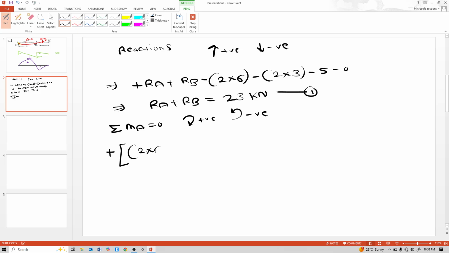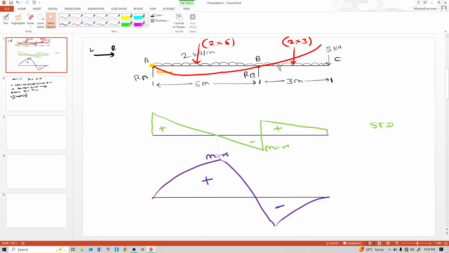Positive 2 into 6 and lever arm is 3. Lever arm means distance from point load to that point A. Again 2 into 3 into, between B distance is 1.5 meter, because this concentrated point load is acting at mid of this BC.